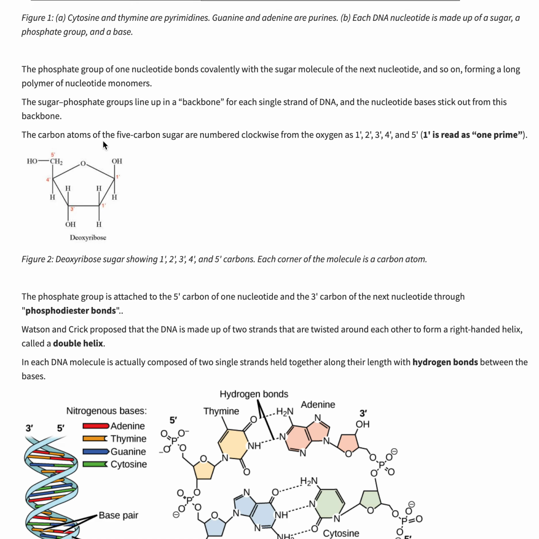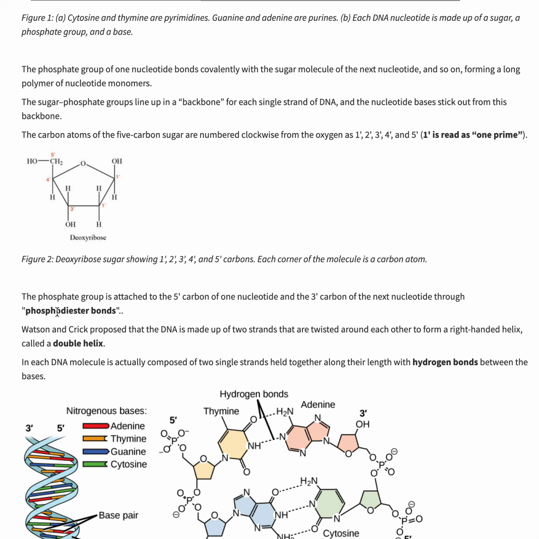As I said before, each deoxyribose sugar is a 5-carbon molecule. So this is the first carbon, this is the second carbon, this is the third carbon, this is the fourth carbon, and this is the fifth carbon. We call these 1 prime, 2 prime, 3 prime, 4 prime, and 5 prime.